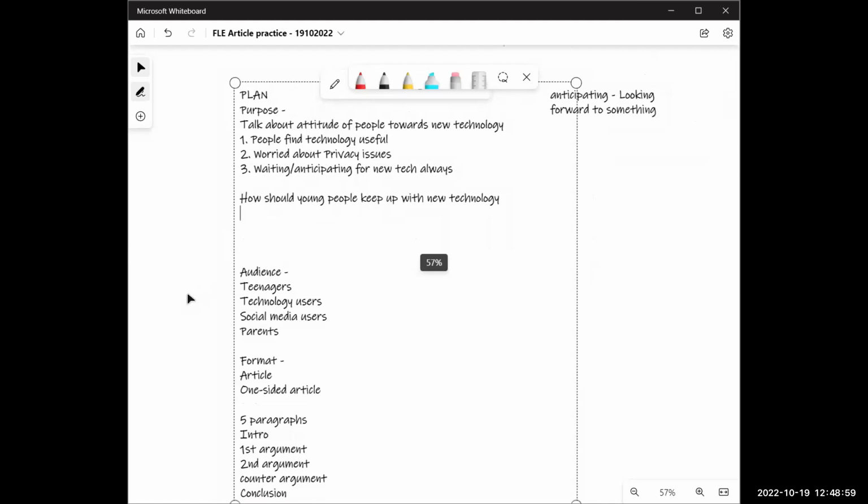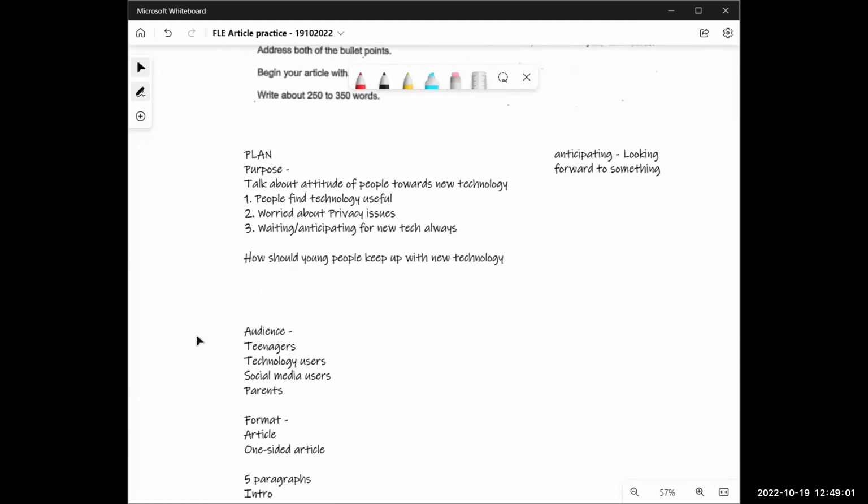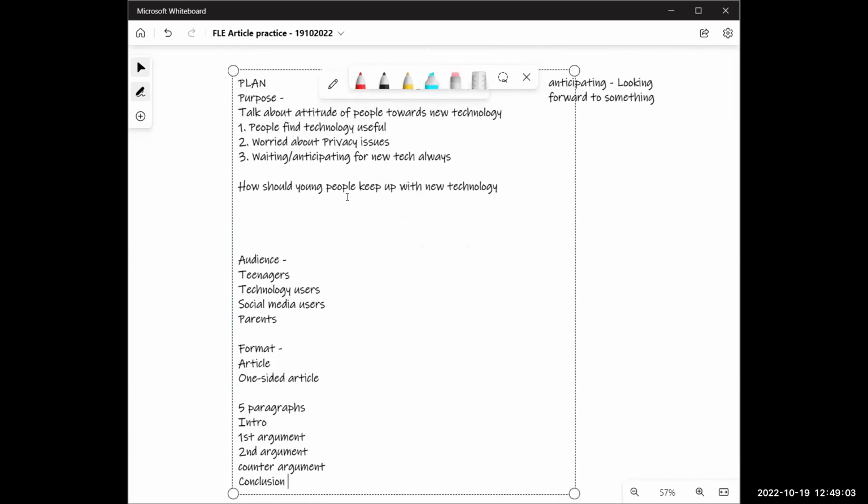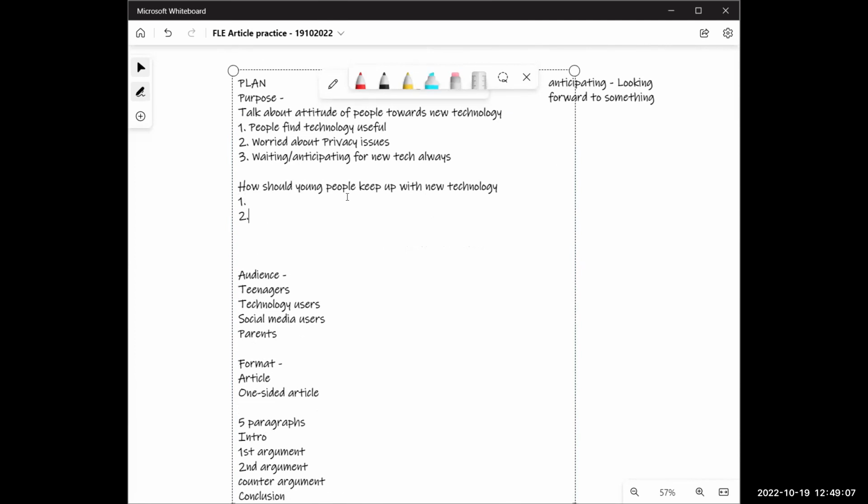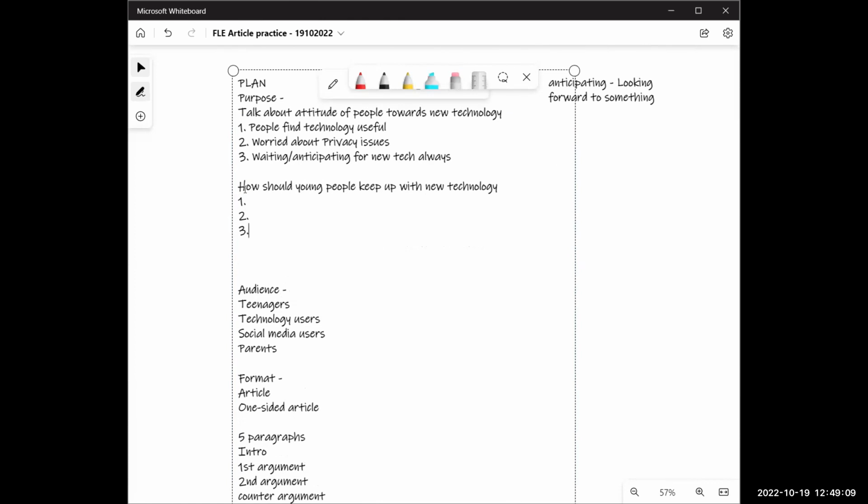Now you should also write the plan which I'm writing, and your opinion on how young people should keep up with technology. So you have to give your opinion now.